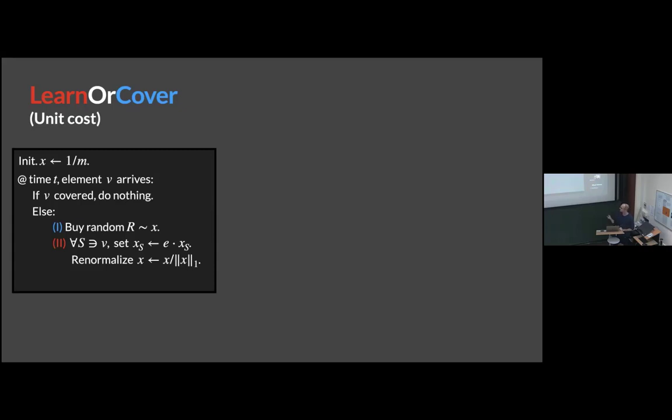If we think of x as a fractional solution, it's very much non-monotone. This is a big difference between this work and the previous algorithm. The renormalizing makes the behavior very non-monotone. And finally, buy a backup set to cover v if necessary.